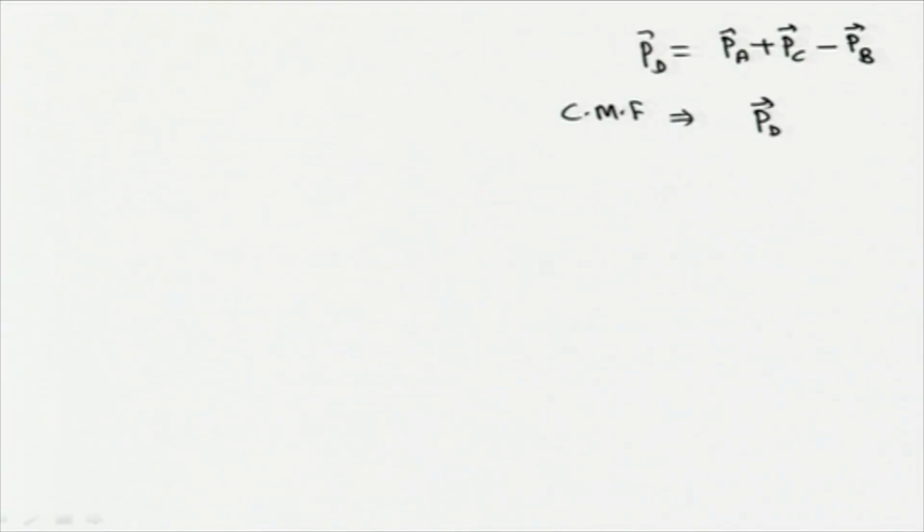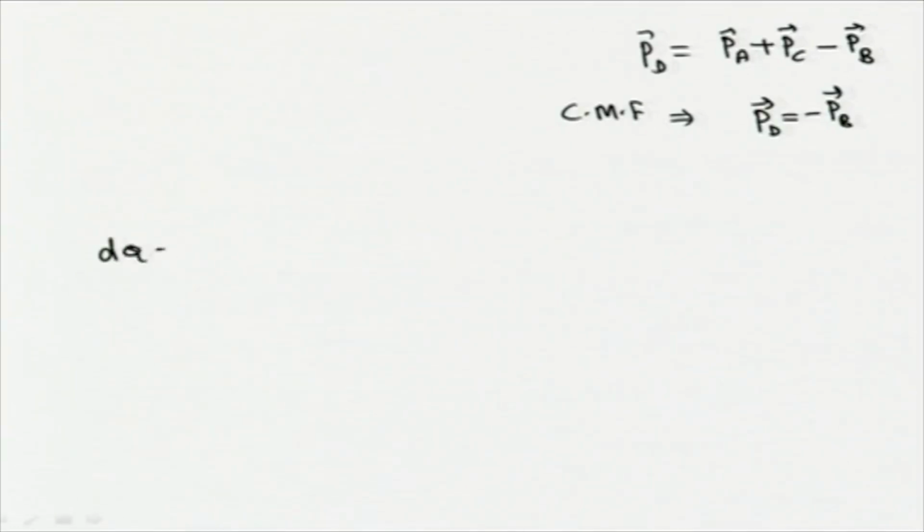That will give you P D equal to P A plus P C minus P B. In the center of mass frame, which means P A plus P C is equal to 0, P D is equal to minus P B. Okay.